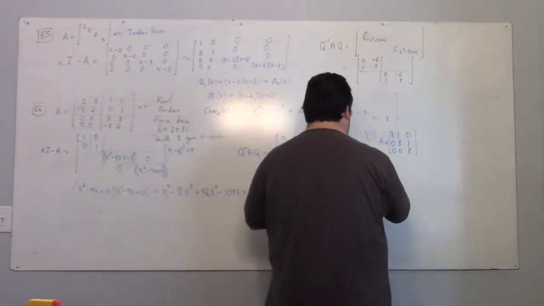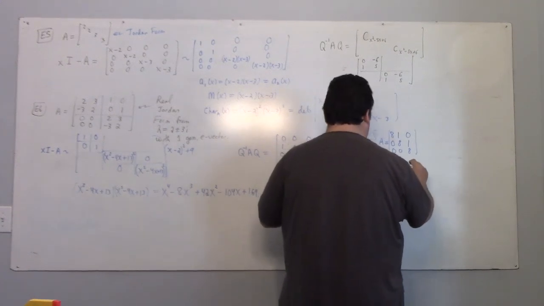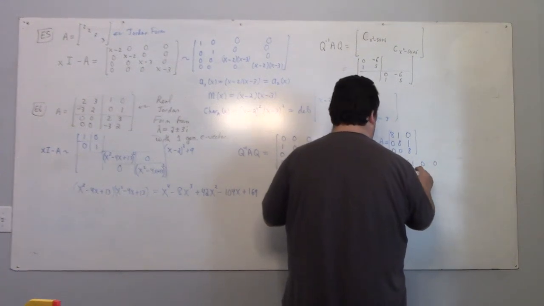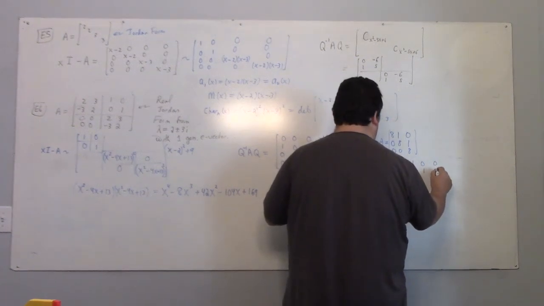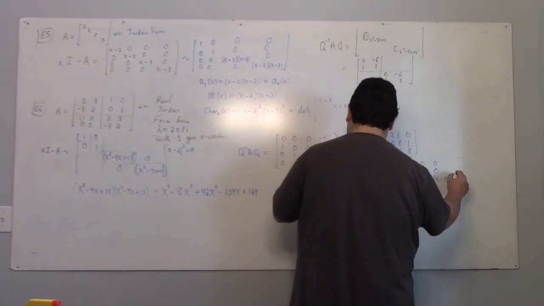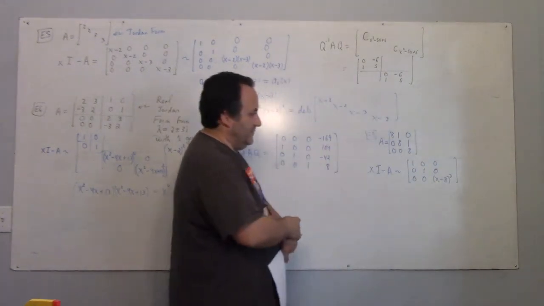Then you can look at xI minus A, and you can reduce it to the Smith normal form. I think I posted this for you, Audric, if you want to look at the steps. But I think you can figure out the steps. That I'm confident in. And I'm confident you can. But it works out for that.